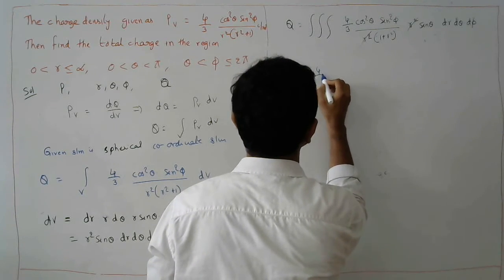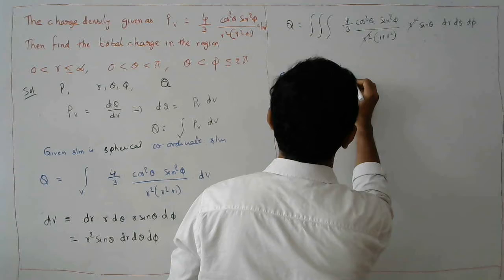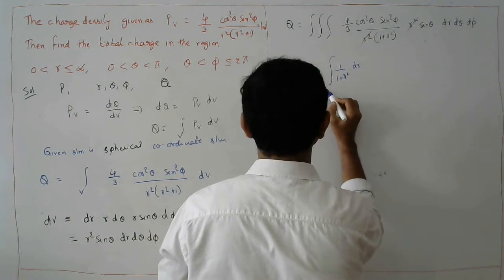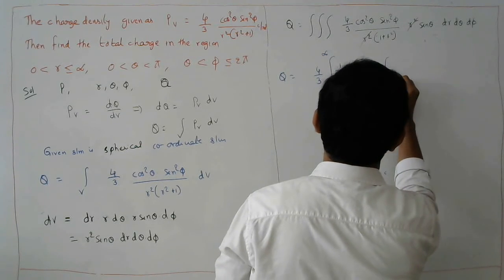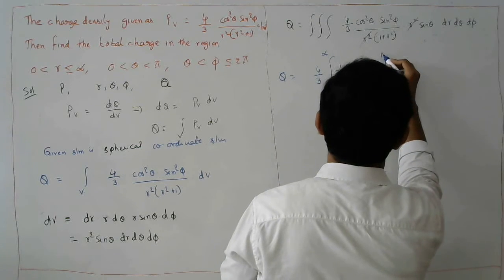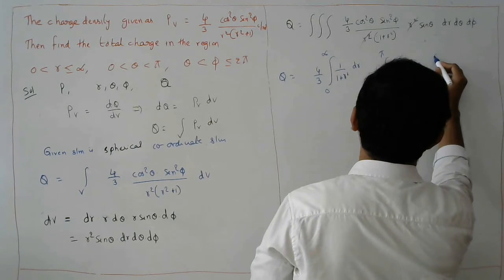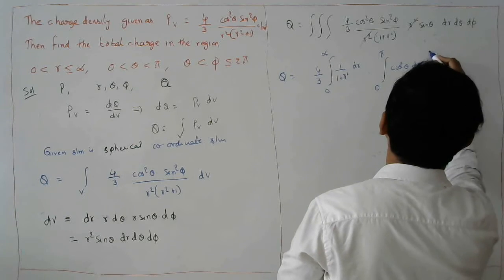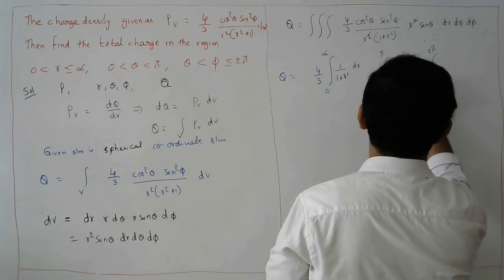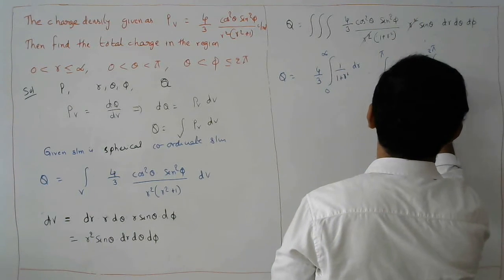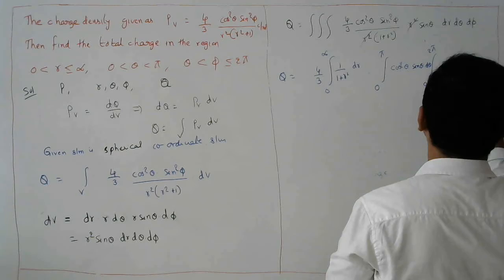First I am writing the r terms. Q is equal to 4 by 3, which is constant, times the integral of 1 by 1 plus r square dr from 0 to infinity, into the theta terms, with theta varying from 0 to pi, cos square theta sin theta d theta, and the phi variation is 0 to 2 pi, sin square phi d phi.